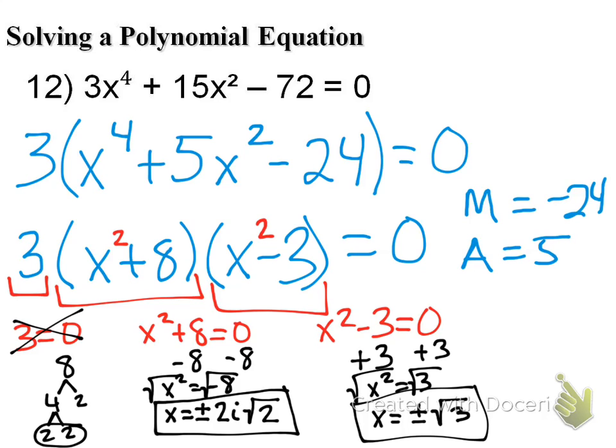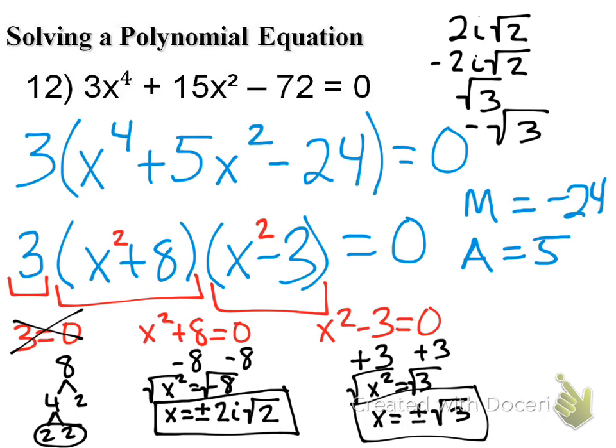So just to show you that there are 4 solutions, I'm going to list them out on the top. So I have 2i square root of 2. I have negative 2i square root of 2. I have positive square root of 3. I have negative square root of 3. Those are my 4 solutions. I had an exponent of 4, so that makes sense.